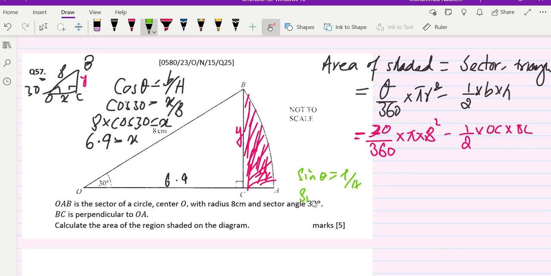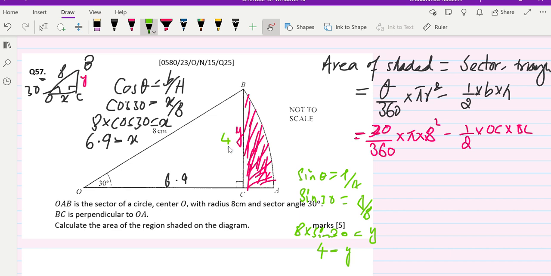So sine 30 is equals to perpendicular y over hypotenuse 8. Again 8 will be shifted on the other side and it will multiply with sine 30, that will be equals to y. So 8 into sine 30 will give us 4. That is the perpendicular of this triangle, 4 centimeter.